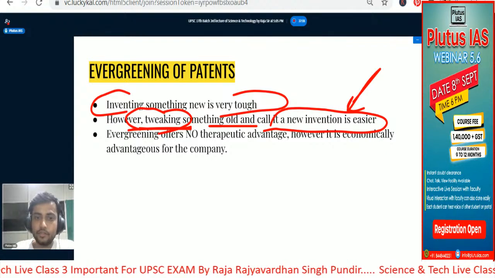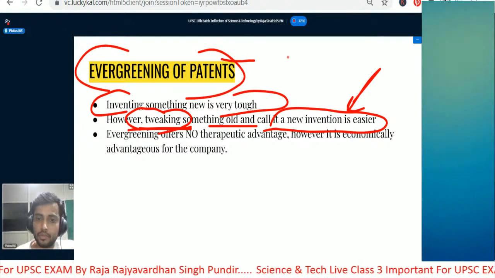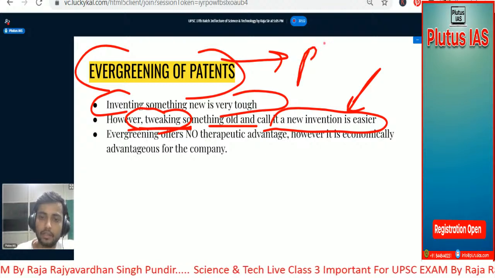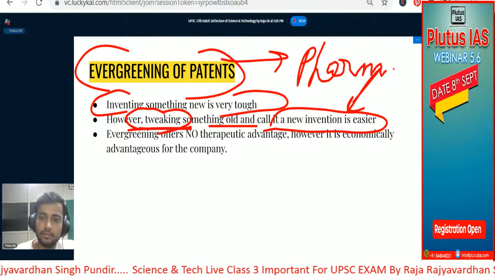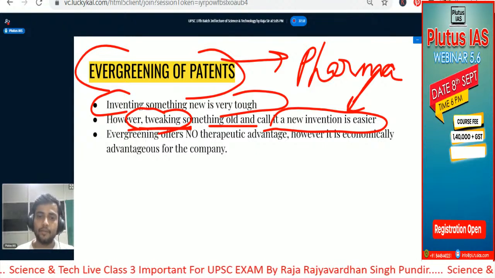So that is the case for evergreening of patents, and this term is mostly related to the pharma industry. Okay, it is related to the pharmaceutical sector only.